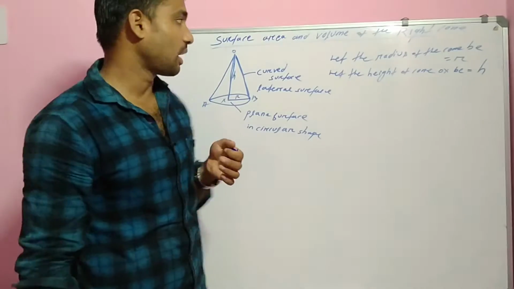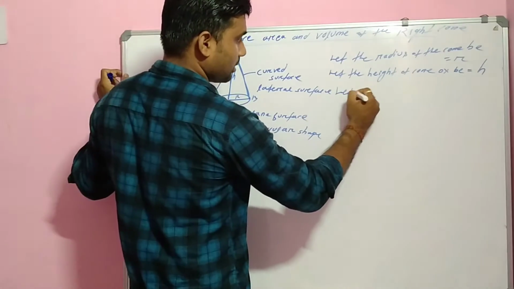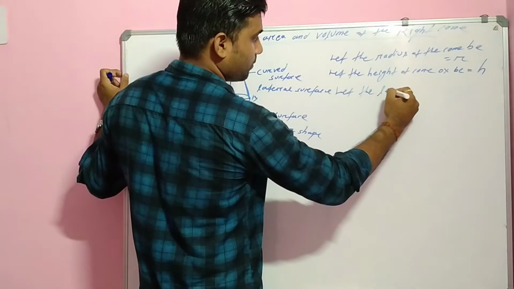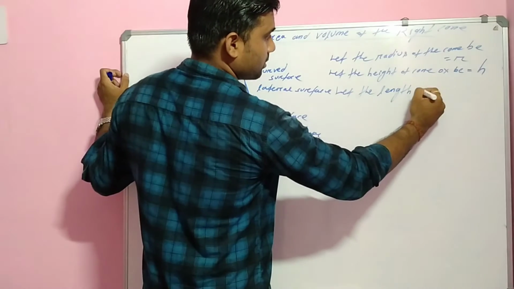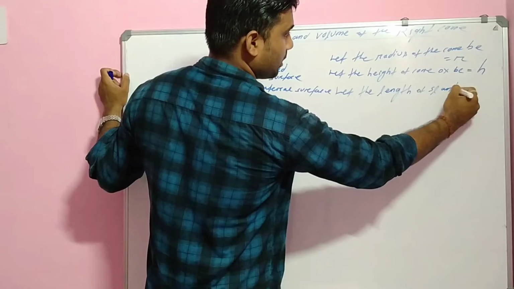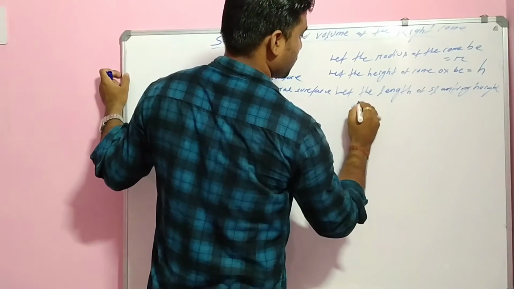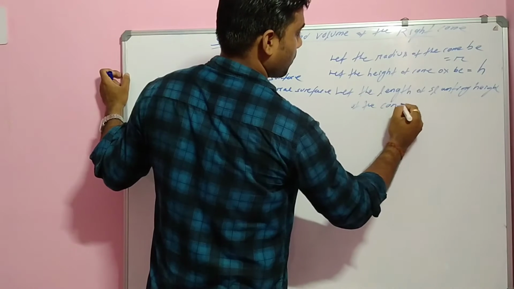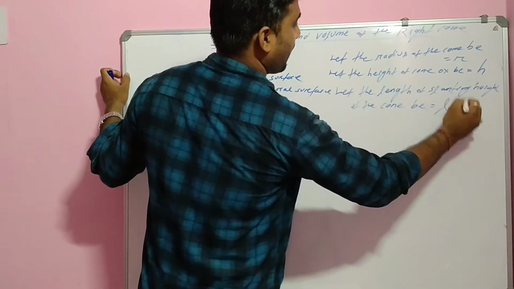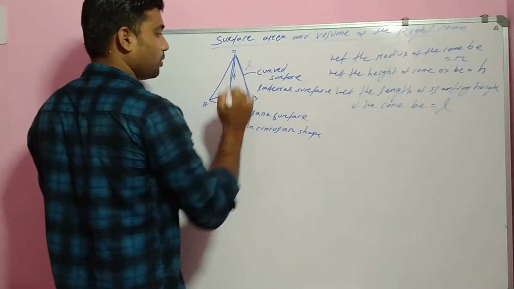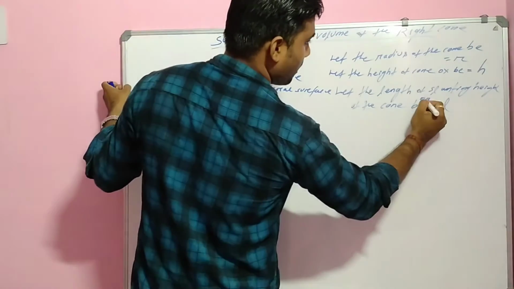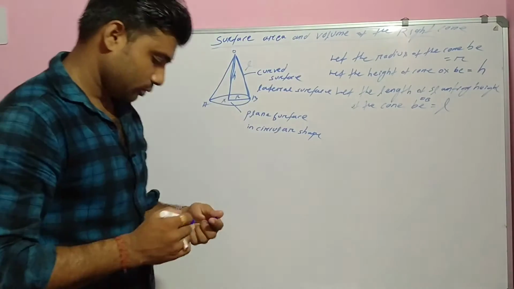Let the length of the slanting height of the cone be L. That is, the length OB equals L.